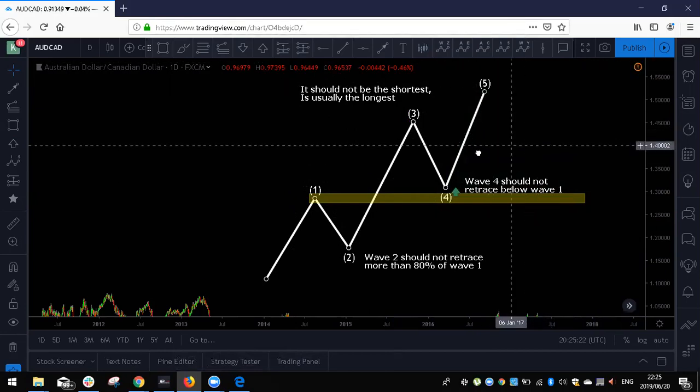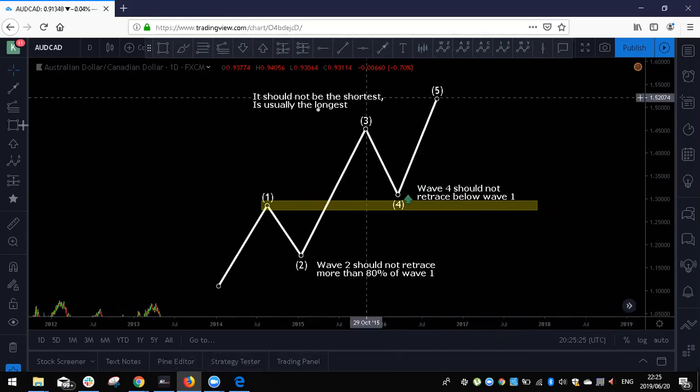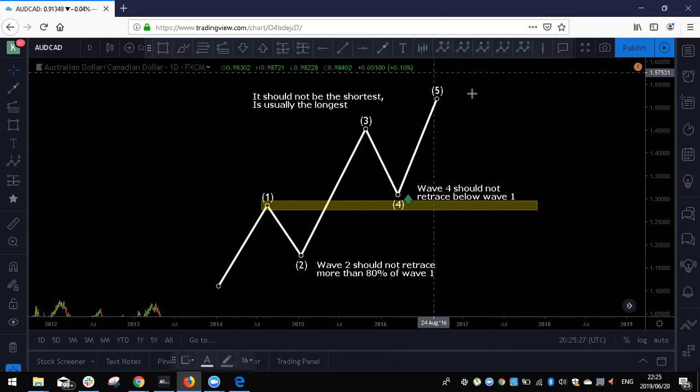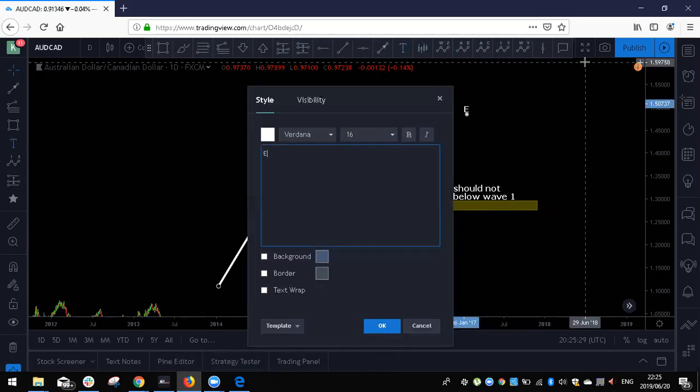Okay, and then for wave 5, there's no real rule for wave 5, but wave 5 is usually the same length as wave 1.